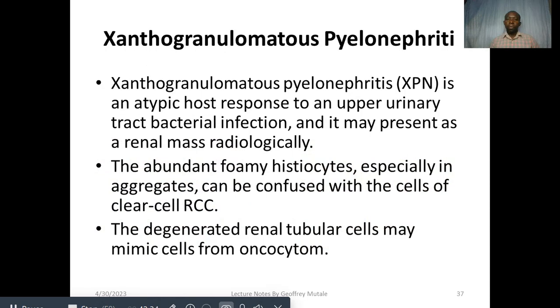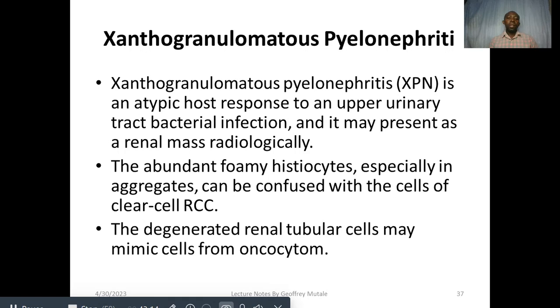Another benign lesion we look at is xanthogranulomatous pyelonephritis. Xanthogranulomatous pyelonephritis is an atypical host response in the upper urinary tract, maybe to a bacterial infection, and it may present as a renal mass radiologically and needs to be confirmed by FNA so that it cannot be misdiagnosed.